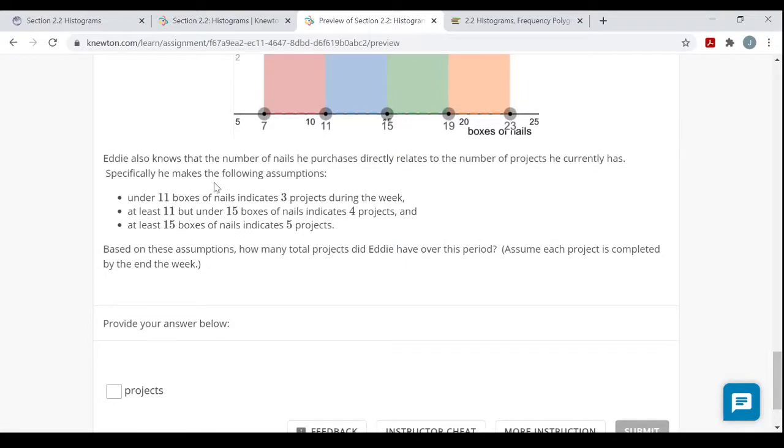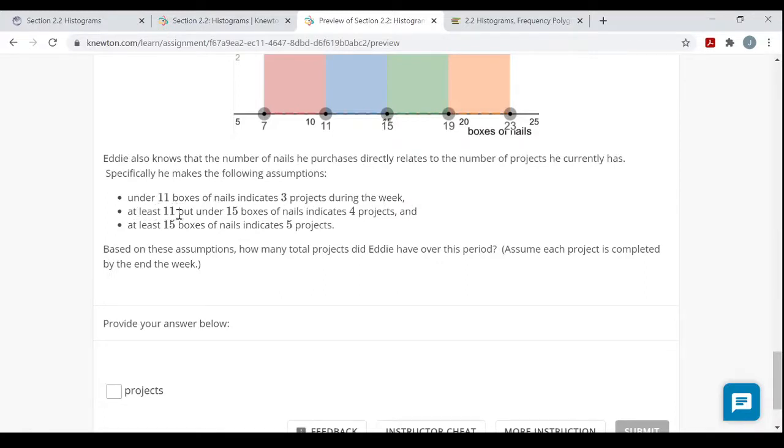Eddie also knows that the number of nails he purchases directly relates to the number of projects he currently has. Specifically, he makes the following assumptions. If he orders under 11 boxes of nails, it indicates that he has 3 projects during the week.